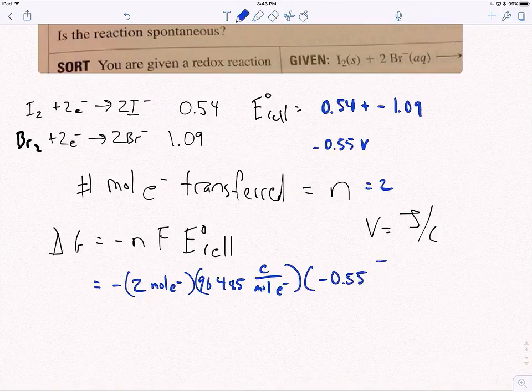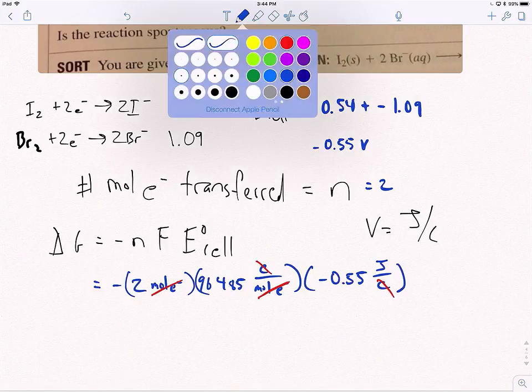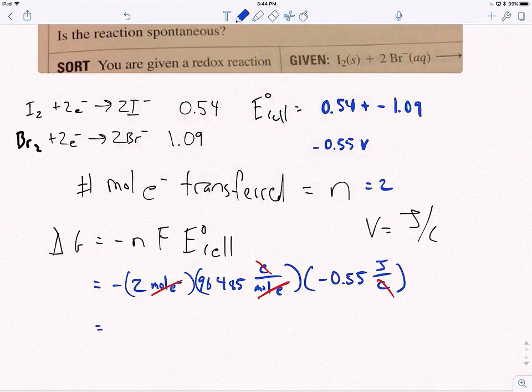A volt is a joule per coulomb. So if you look at the units, the moles of electrons transferred and the coulombs cancel, and we're left, unit-wise, with joules. So minus and minus is a plus.